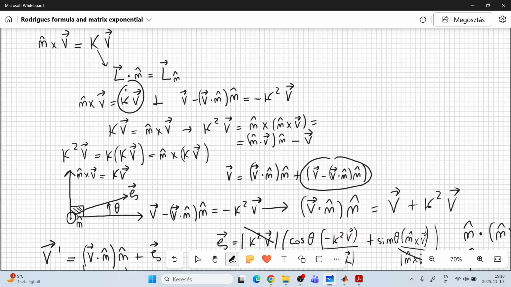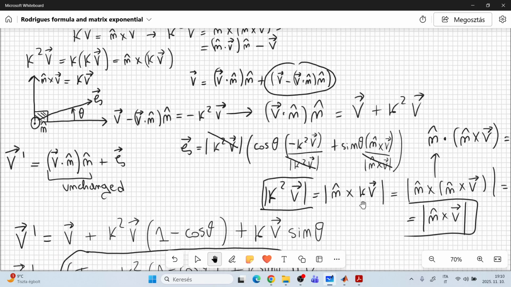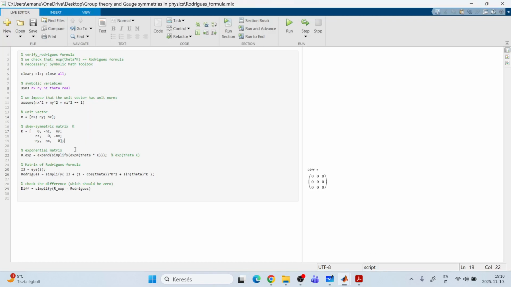So you get the matrix K. You can obtain it either from here or from basically, as I said, L dot n. And so once you do that, I have defined it like this.